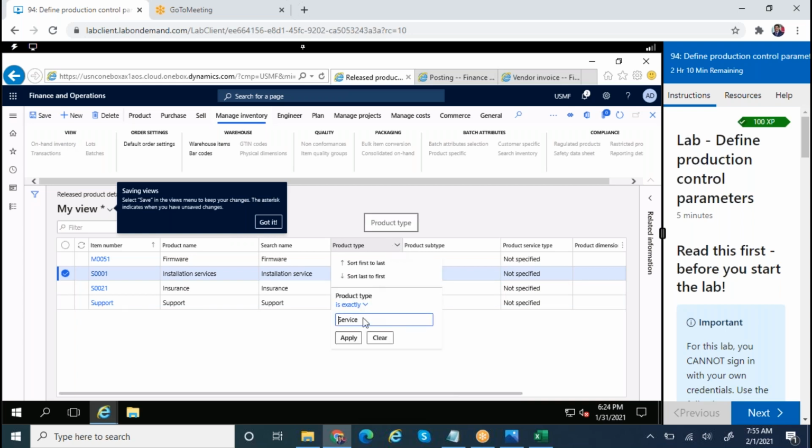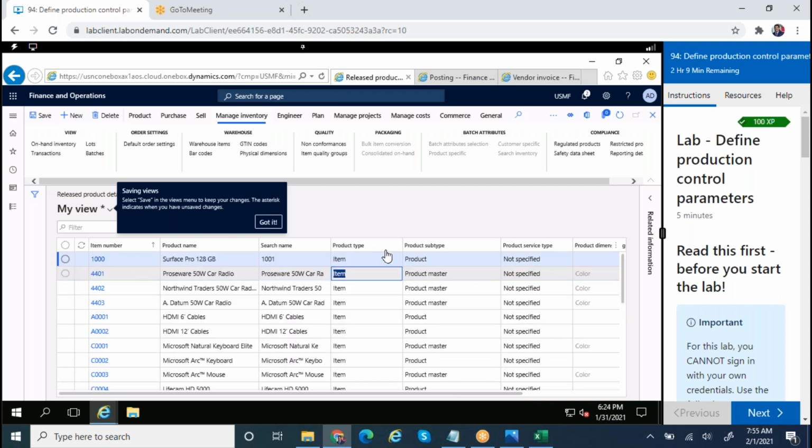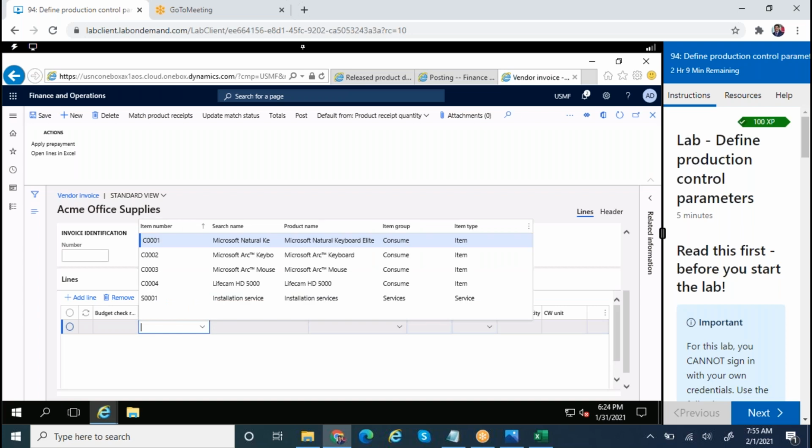And another one is item type item also. Item type item. But here it is showing, look at this one, C001.